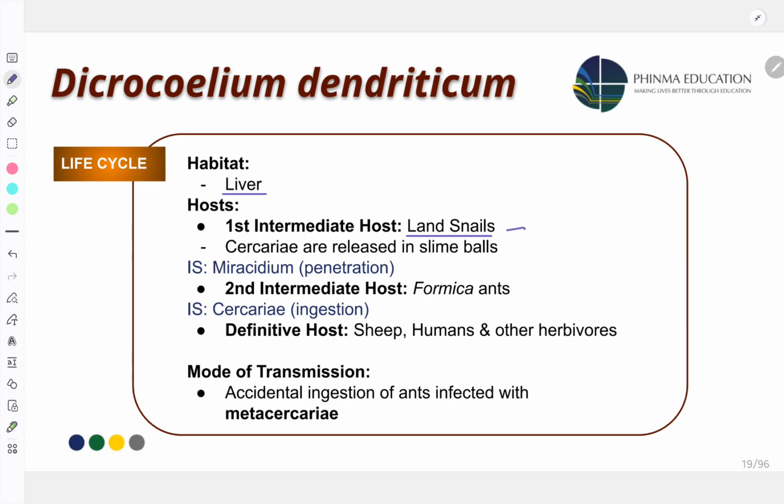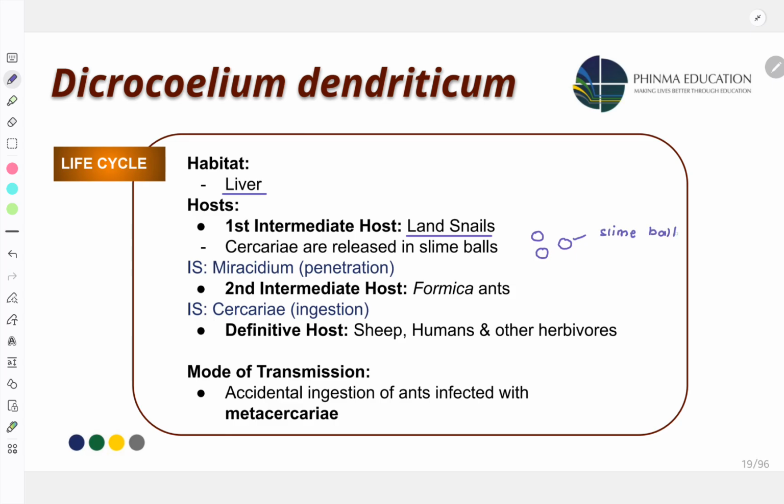So once humana ang life cycle sa first intermediate host, the cercariae, di ba, remember, it's a land snail. So dili siya ka-swim freely into the water para mangita og second intermediate host. So what happens is your snail would release slime balls, no?